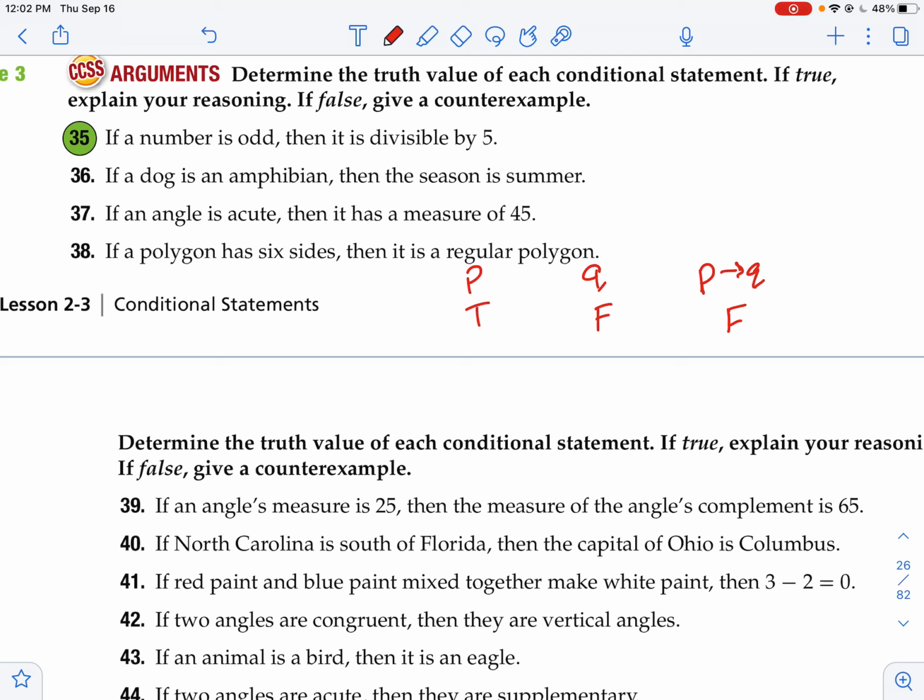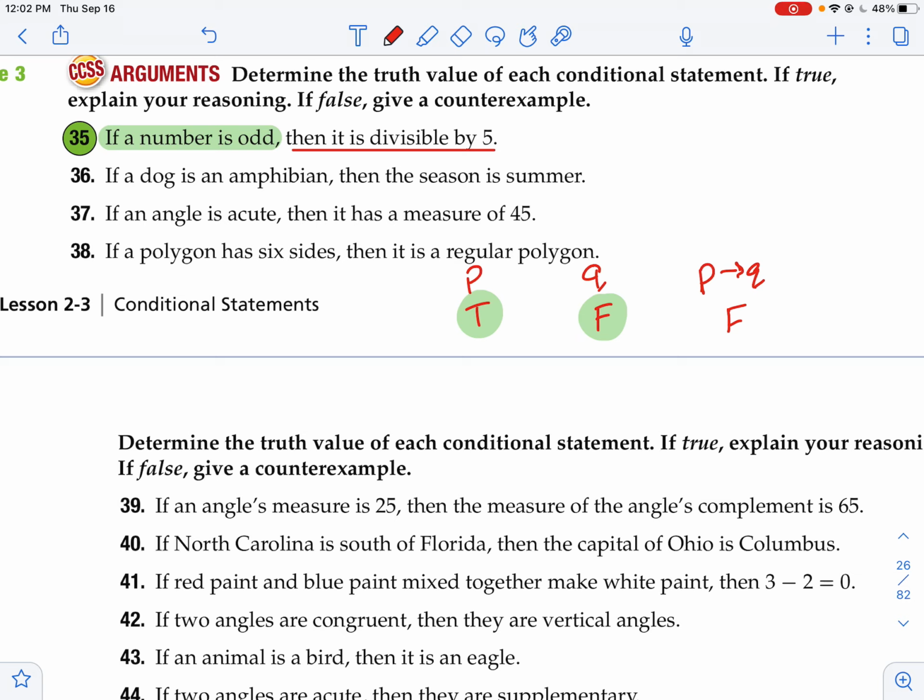But first, if a number is odd, then it is divisible by 5. So I'm going to assume that this is true, because the only thing I need to check for is true, false. So if the number is odd, if that's true, then it is divisible by 5. Could I come up with a number that is not divisible by 5?